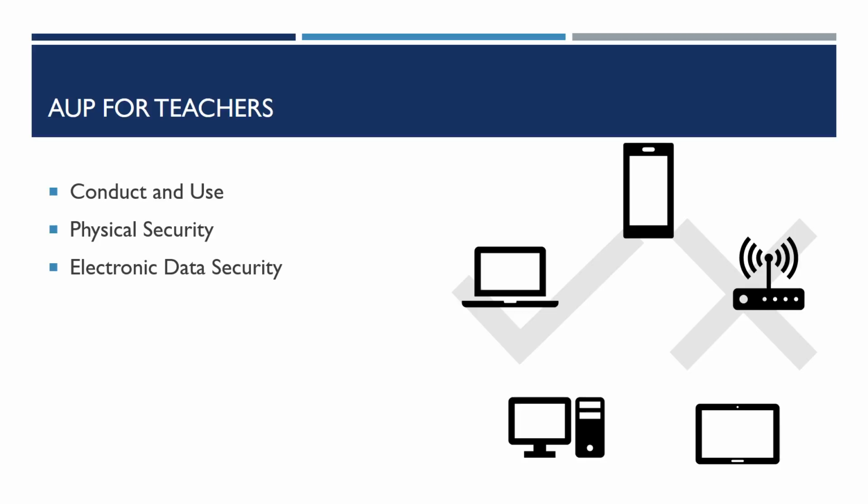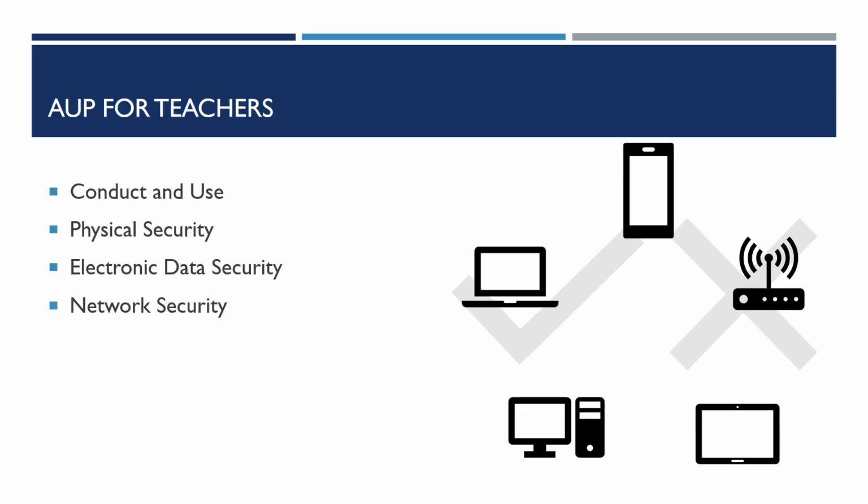Along with this, the acceptable use policy talks about network security. The school district takes no responsibility for information found on the internet, and the school district filters all computers on the system by using web filtering software and spam filtering software.